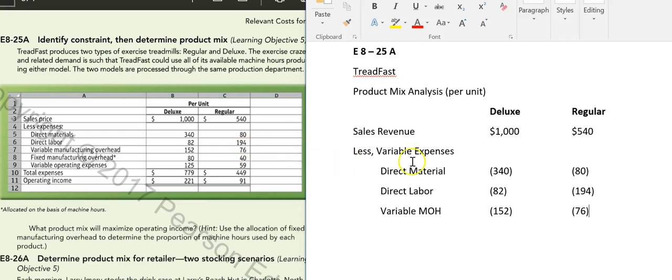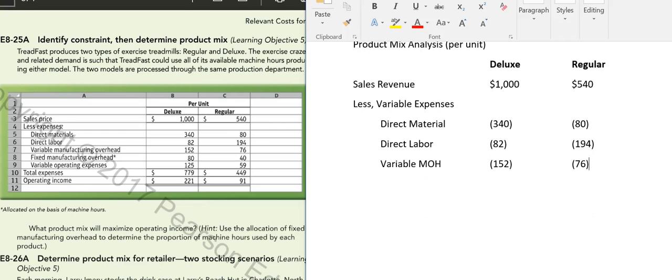Remember, for this contribution margin approach, we subtract all of our variable expenses. So we just subtracted our variable manufacturing overhead expenses. Now we will subtract our other variable expense, which is our operating expense. Since it's also variable, we'll subtract it to get our contribution margin.